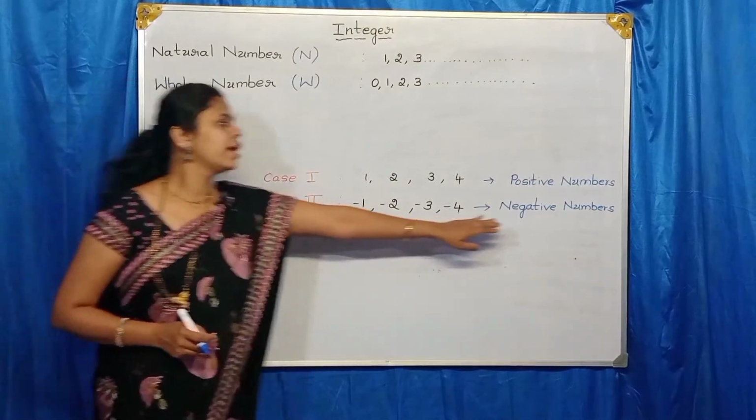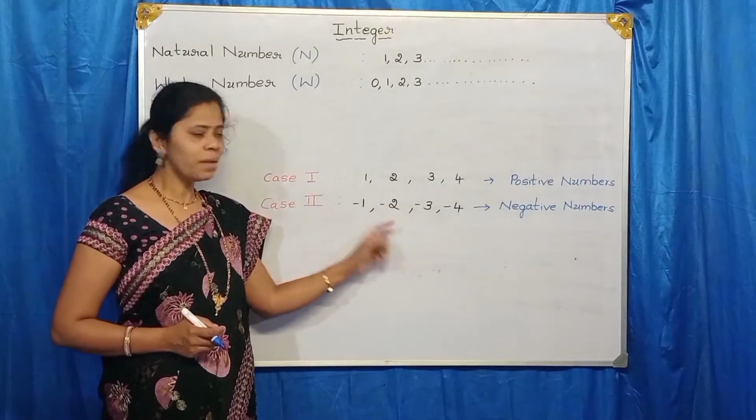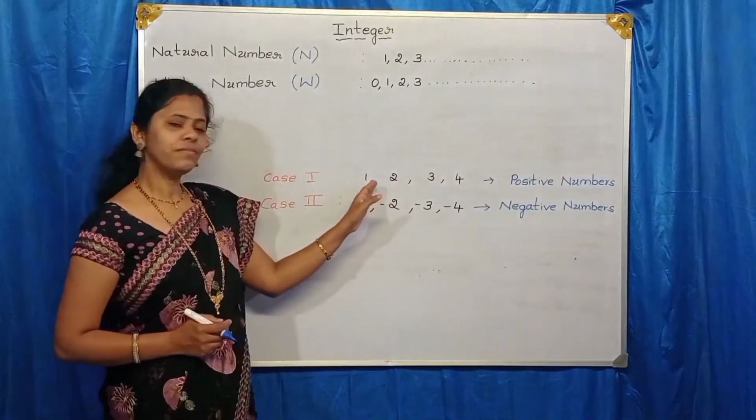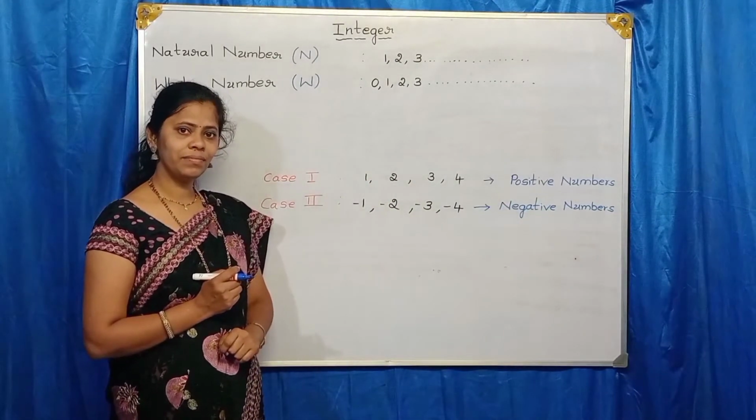See here, negative numbers have a minus sign in front of every number. But in the positive numbers, we don't have a plus sign, isn't it?